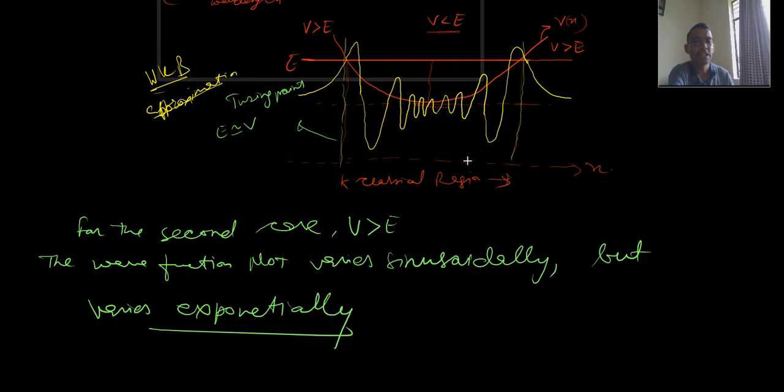Right, so this is the modification when the potential is slowly varying. So this is how the wave function will vary.